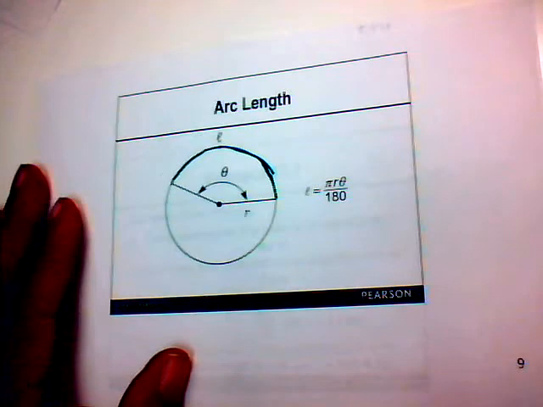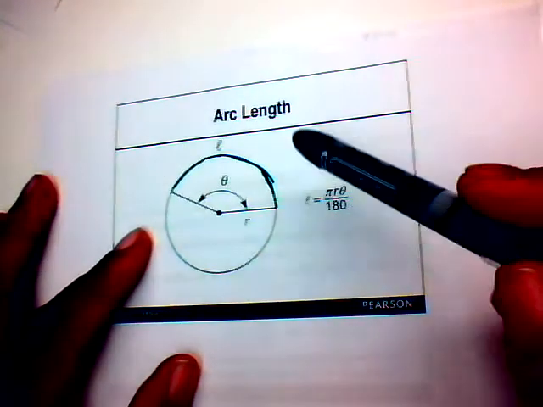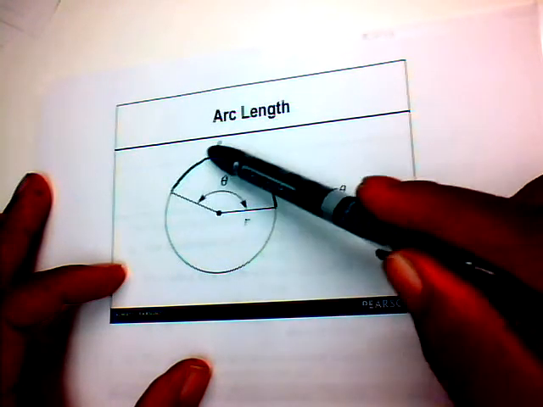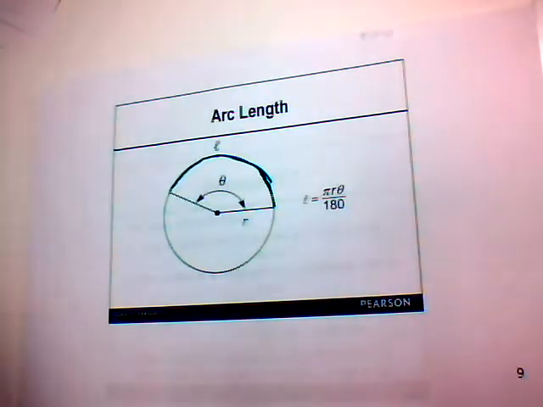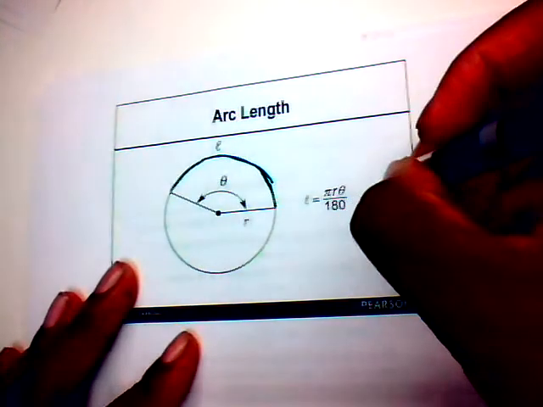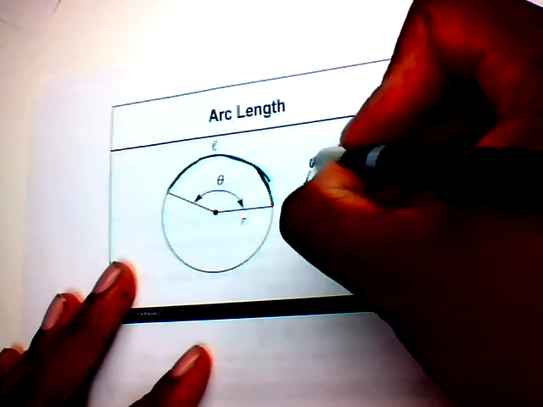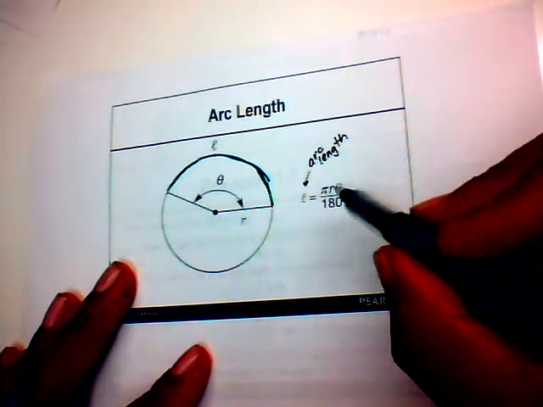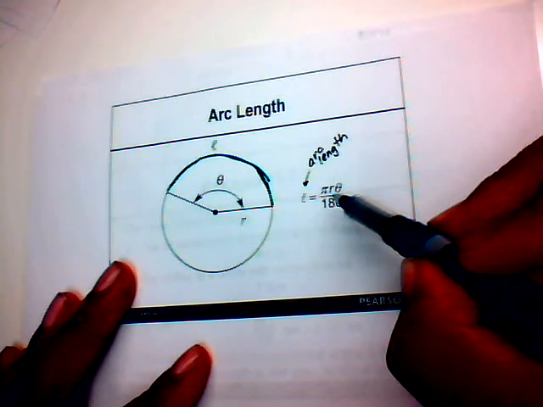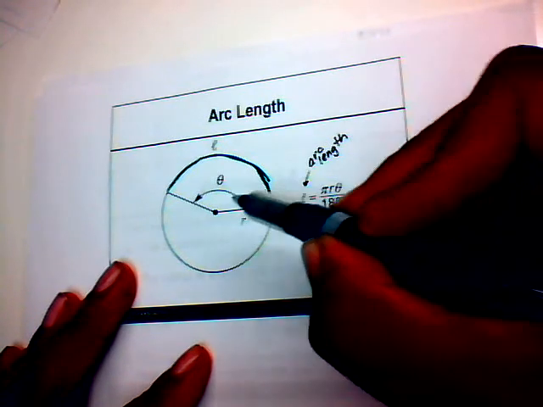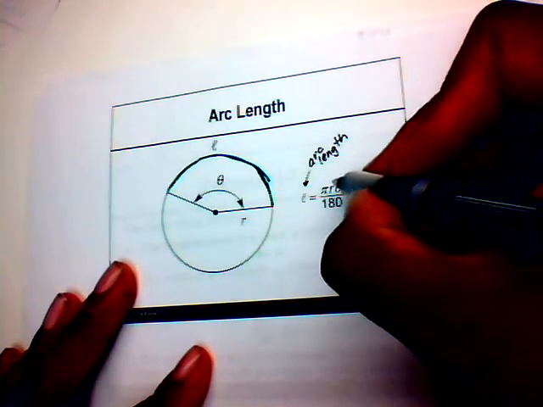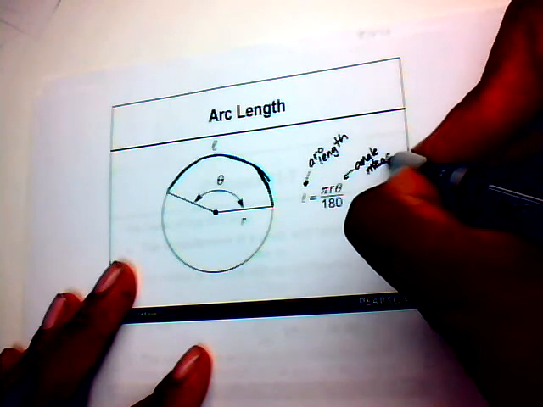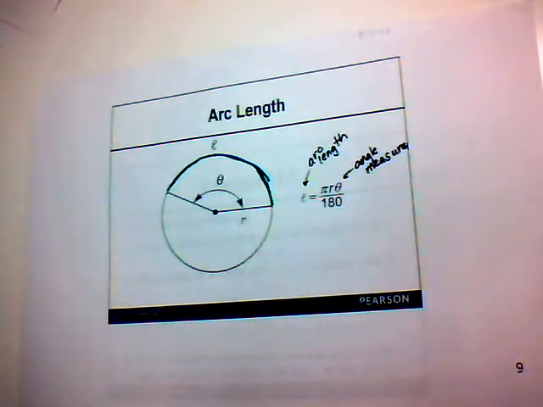And then the arc length. Here we have a circle. Now, this part marked off in green, that's lowercase l. That represents the arc length. So, this cursive letter L is the arc length. And this formula is going to be pi times r, which is the radius, times theta, that's this angle measure here, and it's divided by 180.